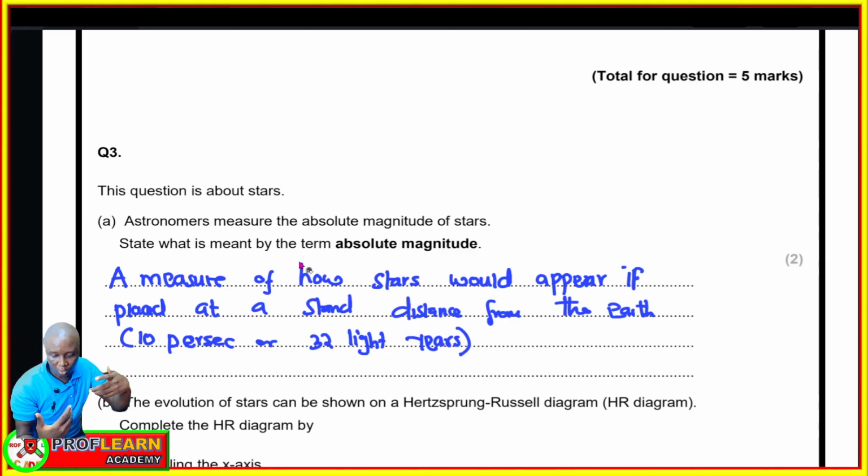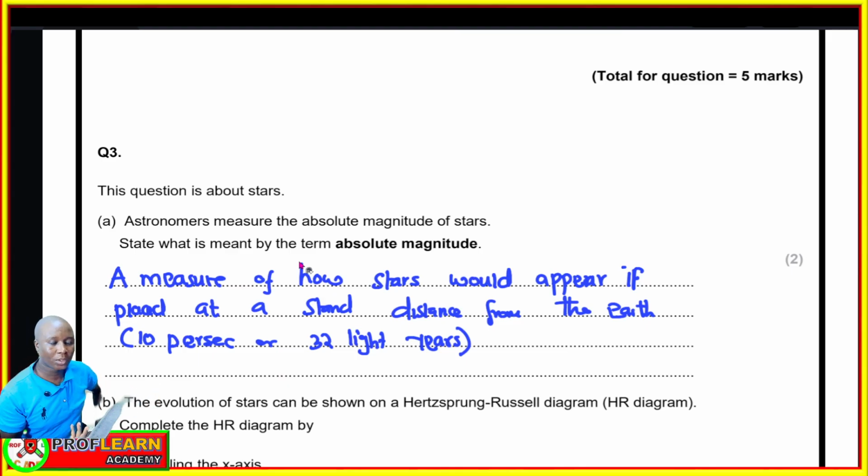So if you are told to describe the brightness of a star, it can be absolute magnitude or apparent brightness. Apparent brightness is how bright a star appears from Earth. Because at night when you are observing different stars, you observe that some stars are bright and others are dim. So apparent brightness is how bright stars appear from Earth.